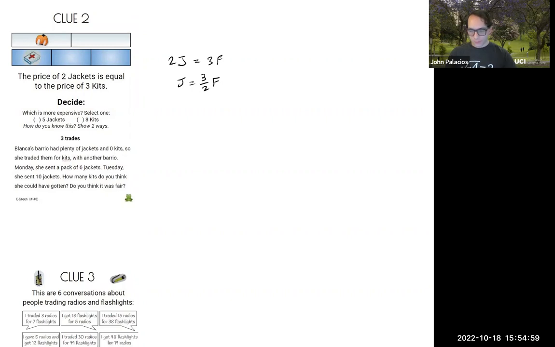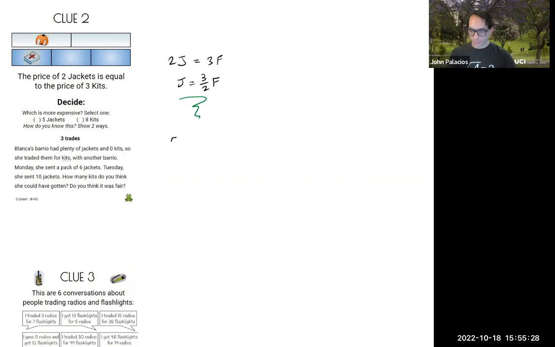You can use this to then determine which are more expensive, 5 jackets or 8 first aid kits, because now we have each of these expressions in terms of either jackets or first aid kits, depending on how you choose to write your ratios, or maybe whatever your students discover first. I'm going to go with a jacket is equal to 3 halves the price of a first aid kit.